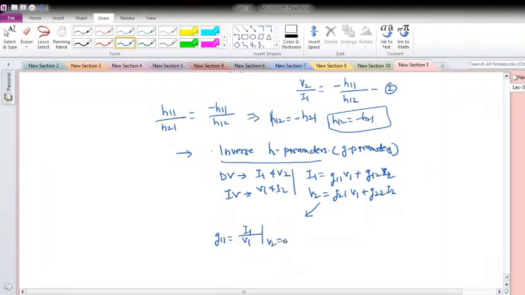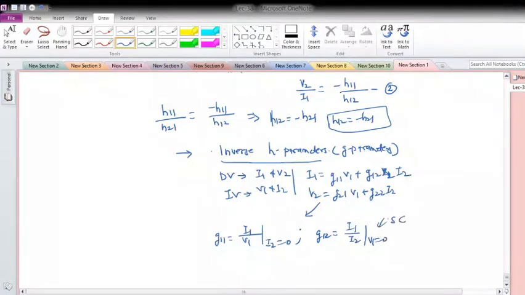Sorry, this is I2, no? I2 is equal to 0. Then G12 I'll get as I1 upon I2 when V1 is equal to 0.